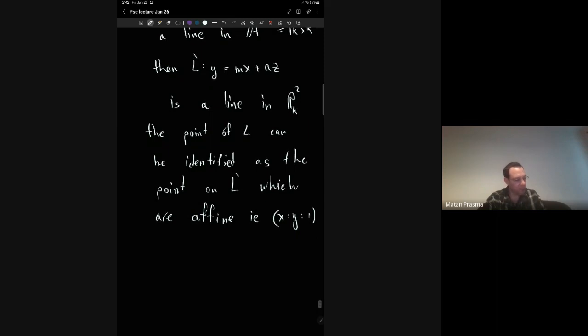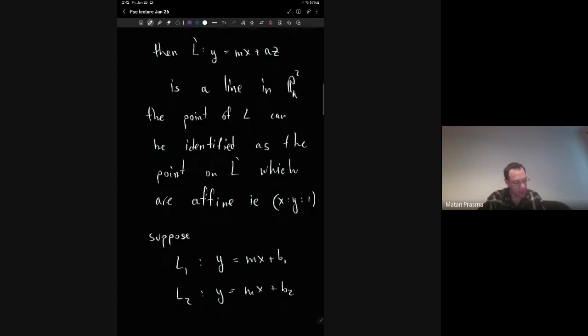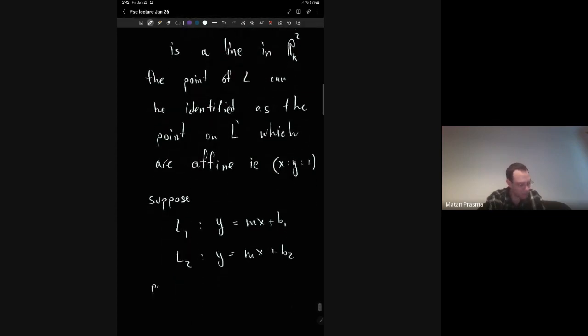And now suppose we have two lines. L1 is y equals mx plus b1, and L2 is y equals mx plus b2. These are parallel lines, right?